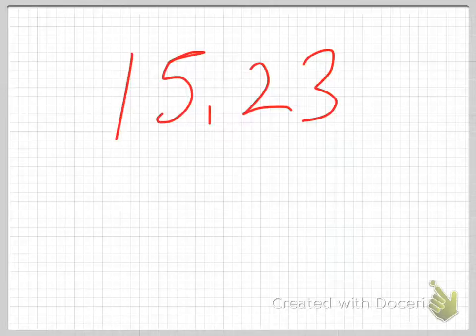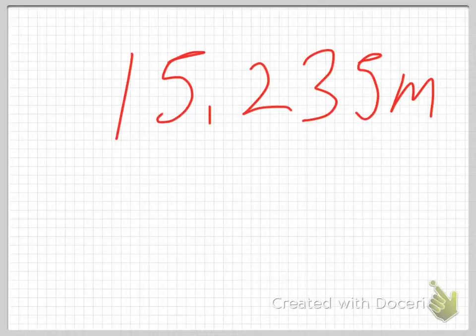When I hand you a set of measurements like this, I say it's 15.23 meters. That means whatever I measured with was precise enough to go out to tenths of a meter. Okay. What's that, decimeters? Yeah. If I hand you that, that means that whatever I measured with was precise enough to go out to, oh wait, no, centimeters.